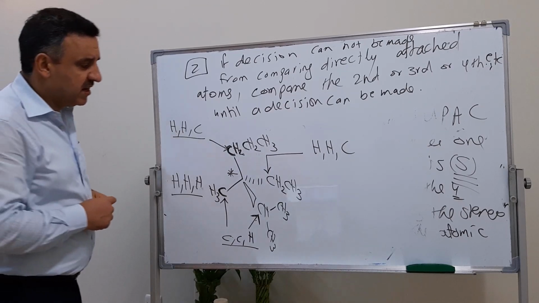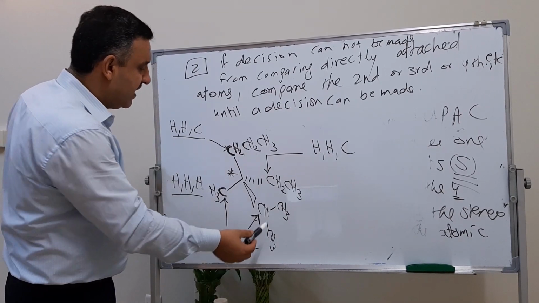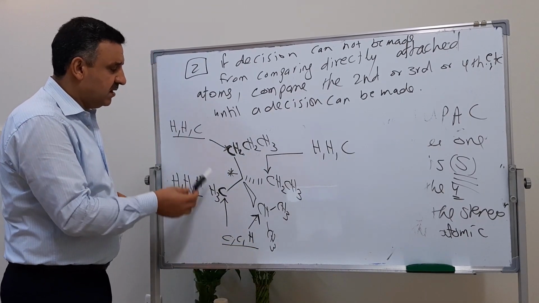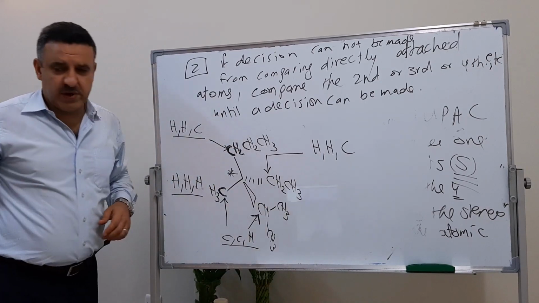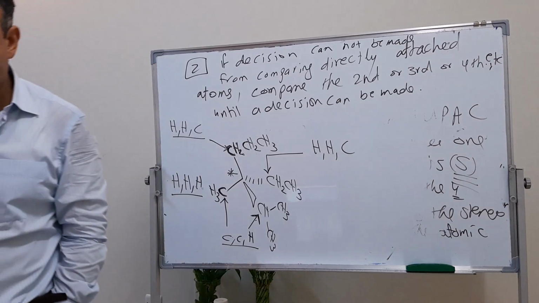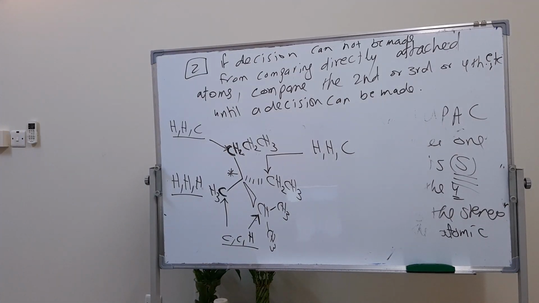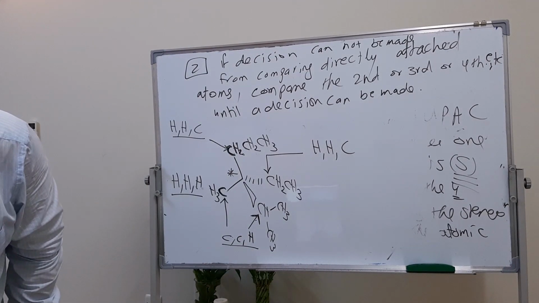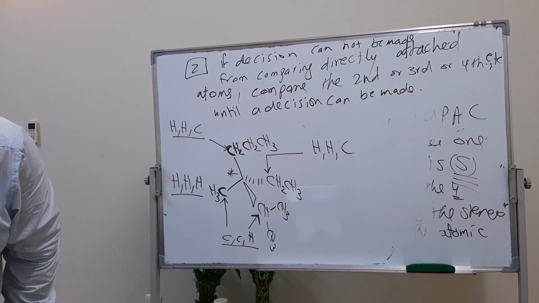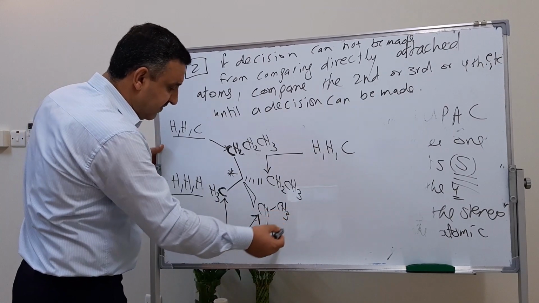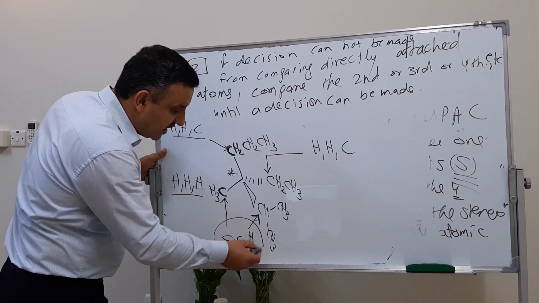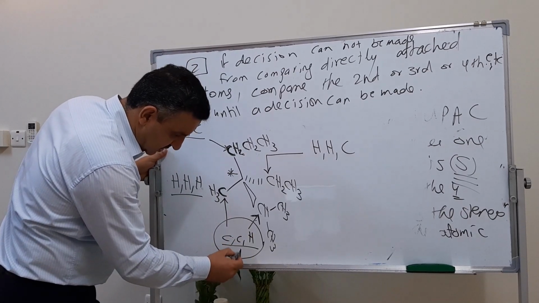Of course, the groups we have are the isopropyl, the methyl, the propyl, and the ethyl. Which one must be, according to this classification, the highest priority group? What's the name of this group? Exactly, isopropyl. So it is very obvious that this is the highest priority group.